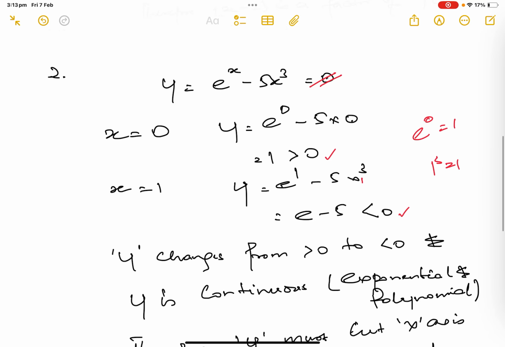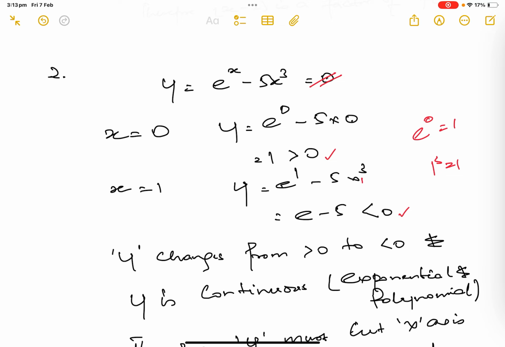But if the curve y equals e to the power x minus 5x cubed is a continuous curve, and of course it is, because e to the power x is exponential and 5x cubed is a polynomial, a combination of an exponential and a polynomial, the curve is continuous.